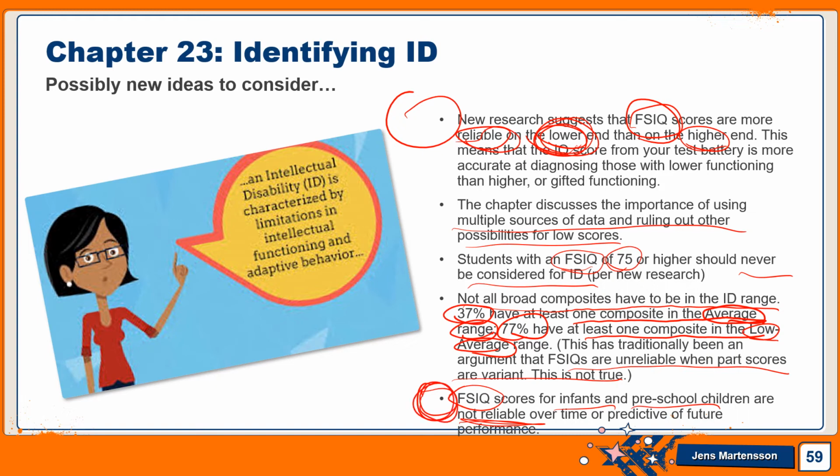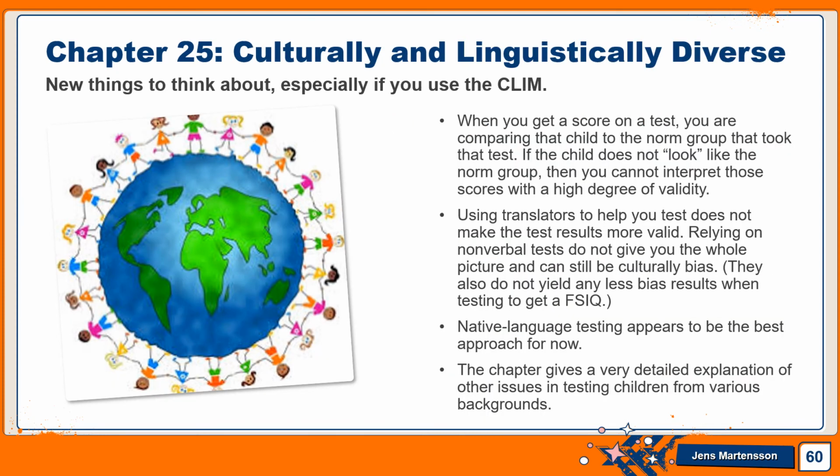They're not lying. They're right. Now, it doesn't mean it doesn't give you a general sense of their cognitive functioning, but it's not a reliable score. So if you're at 69, 70, 71, can you really put ID on that child? I don't think so. In Texas, we have non-categorical early childhood for autism, ID, and other things. So that might be a better option.